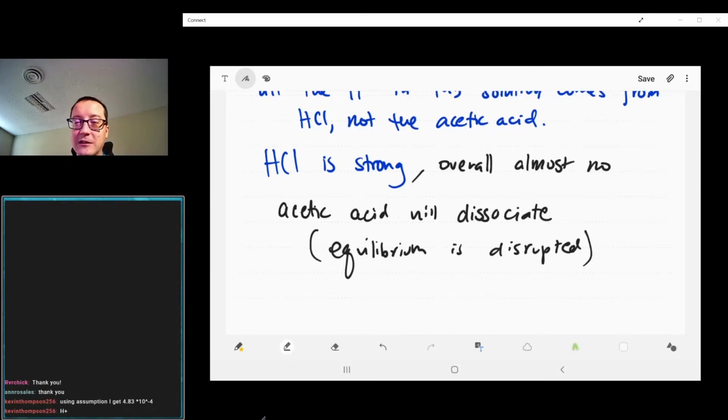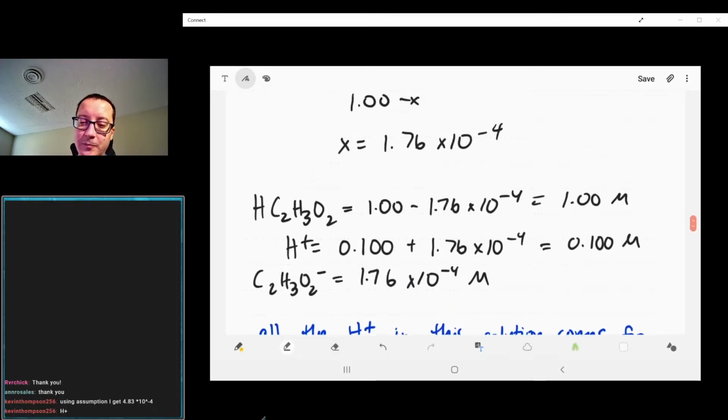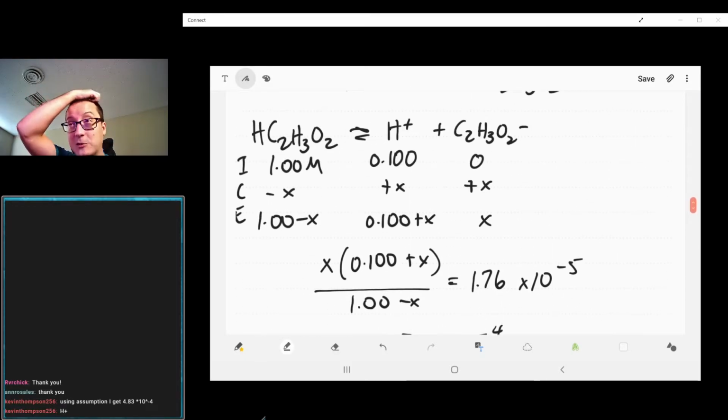So nothing necessarily new there. It's just looking at Le Chatelier's principle in more context. Normally we would expect that acetic acid should be producing some H plus, but by throwing in a bunch of H plus, we're forcing the equilibrium to go back the other way so that we don't actually break apart our acetic acid at all. All right?